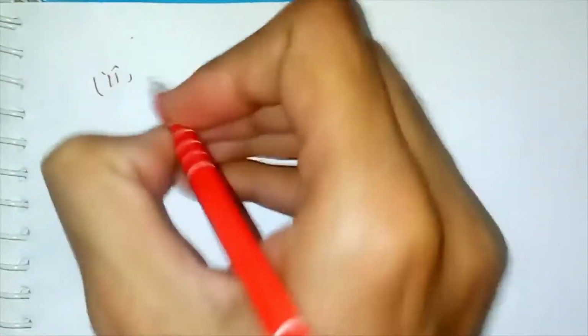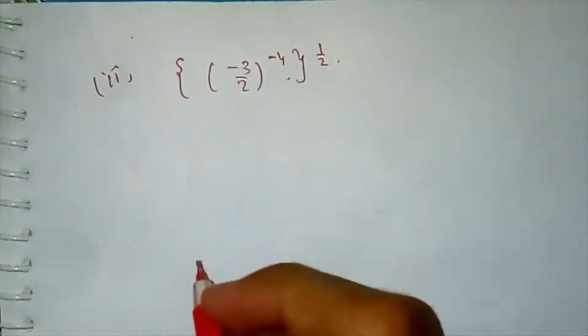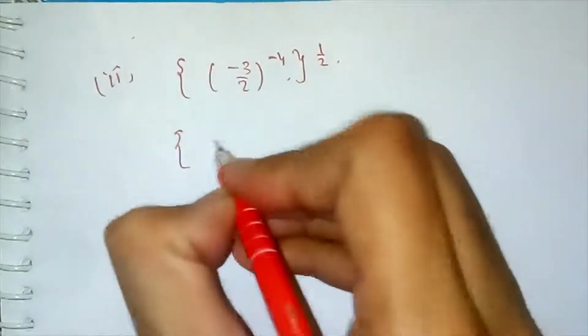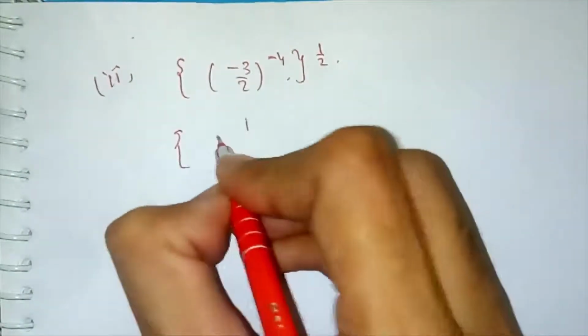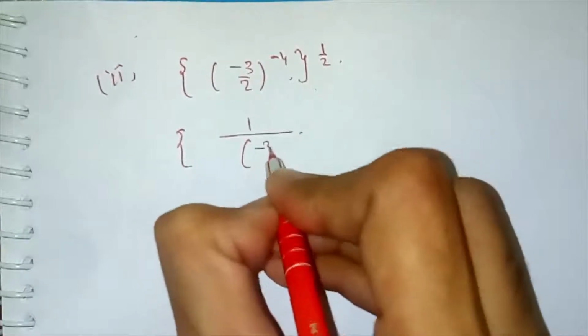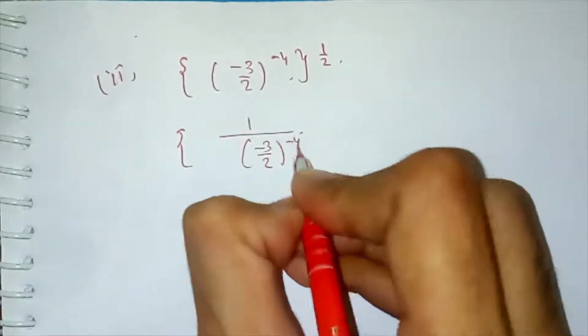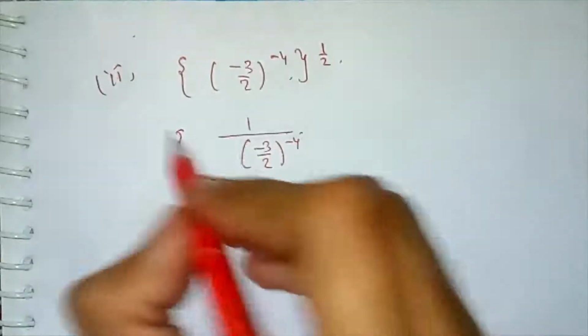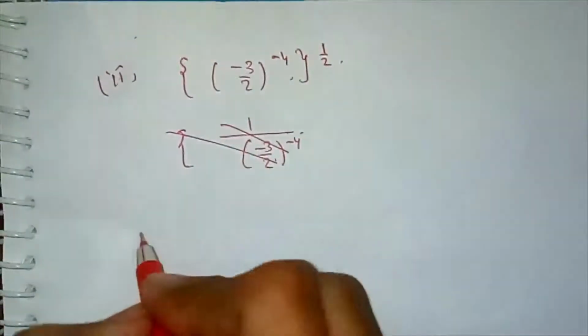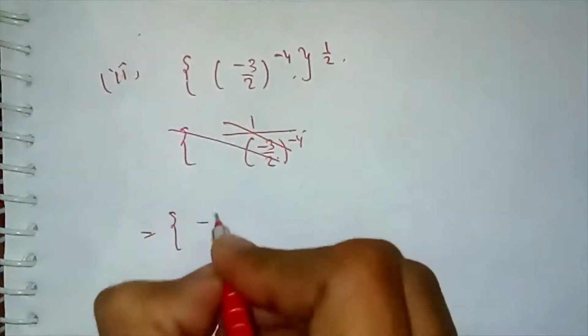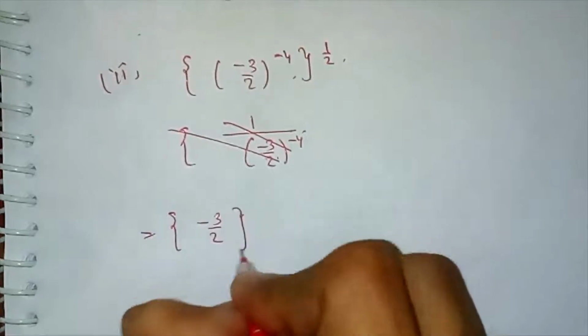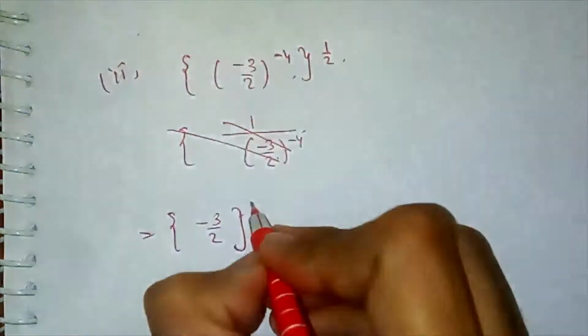Okay, so quickly moving to the second part. Now solving it quickly, we will get 1 upon minus 3 by 2 to the power minus 4, or we can solve it like minus 3 upon 2 and multiplying these two powers. Powers are multiplied.